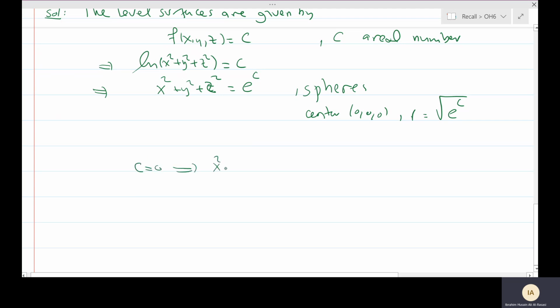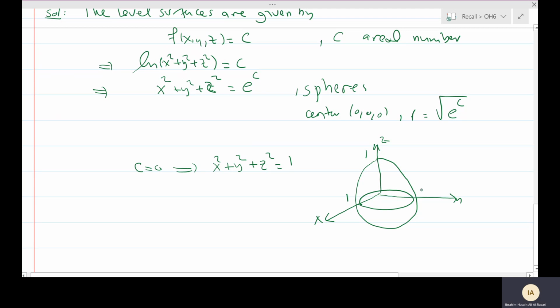I get x squared plus y squared plus z squared equals 1. So I get this level surface, the unit sphere, with intercepts 1, 1, and 1. So this is the level surface for C equal to 0.